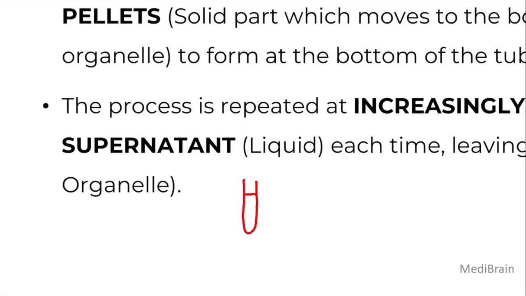Now we centrifuge. Once we've centrifuged, we get a test tube that has the same solution, but you will have a dark part at the bottom, and this is your densest or heaviest organelle.